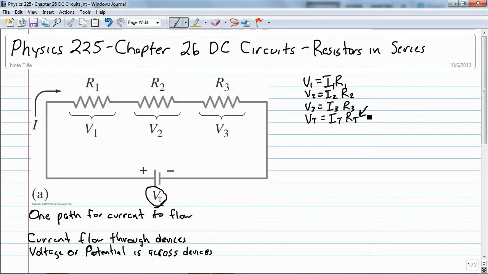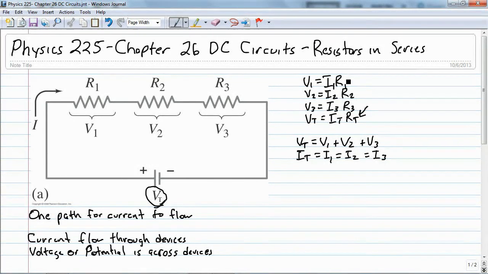And this is what we're interested in finding, RT. Now, as we said, the voltage VT is going to equal V1 plus V2 plus V3, and we know that IT is equal to I1 is equal to I2, and that's equal to I3.